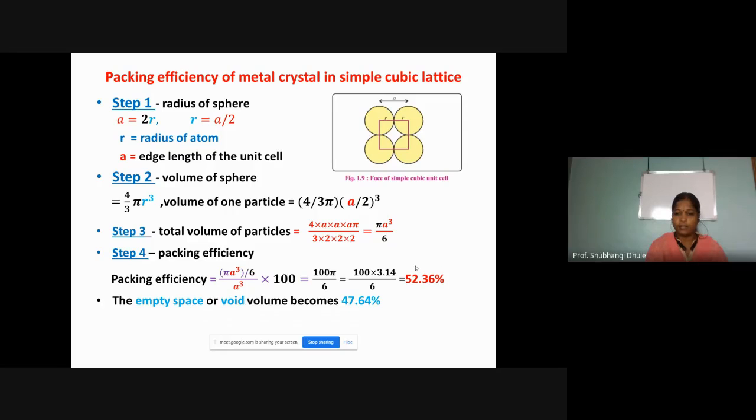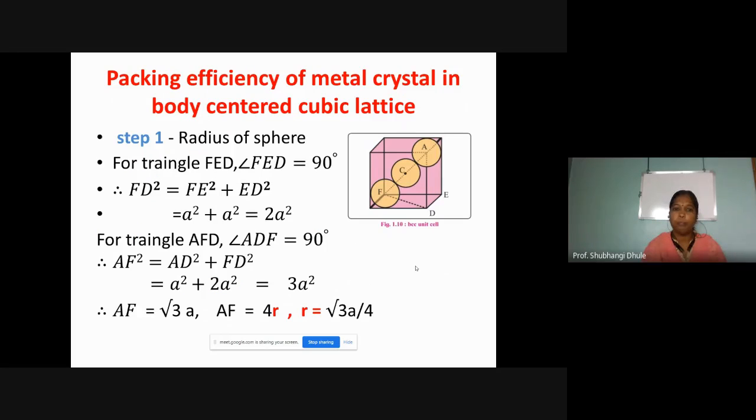That is 47.64%. So we can say how compact it is, that will be decided if you go for the next type of unit cell, where we study the packing efficiency of the metal crystal in the body centered cubic lattice. Here the diagram is important. First, try to understand the diagram, where the spheres are touching.